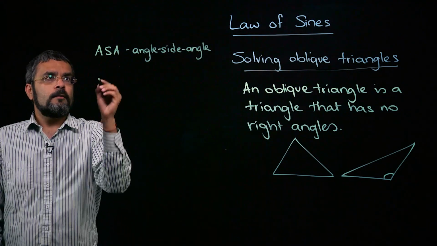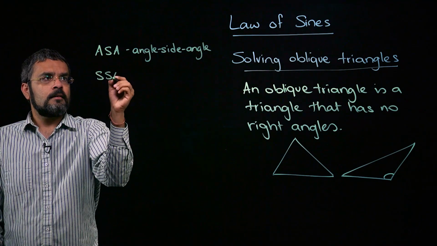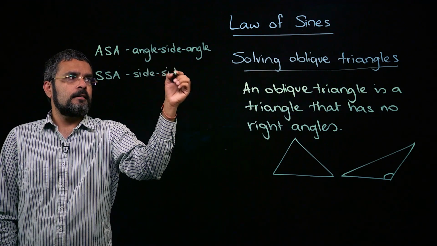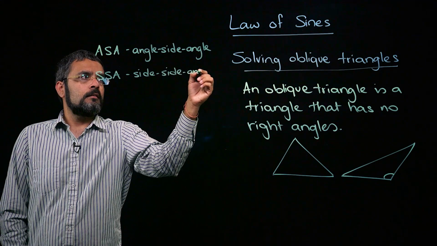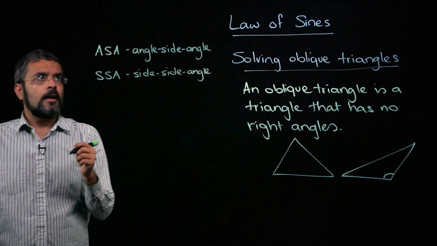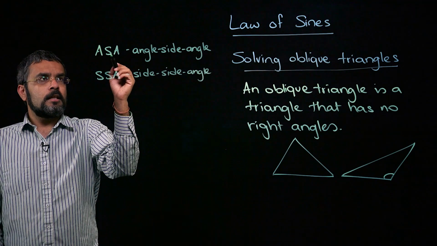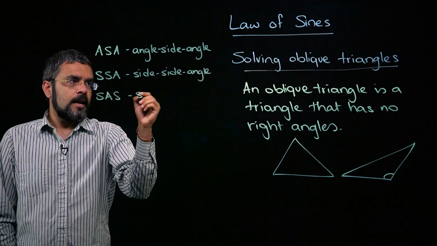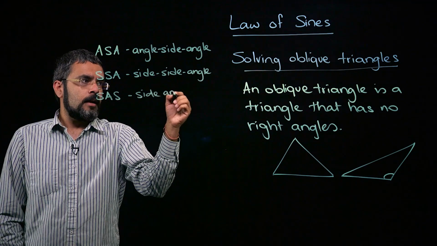Then we have SSA, which is side, side, angle. And then we have SAS, which is side, angle, side.